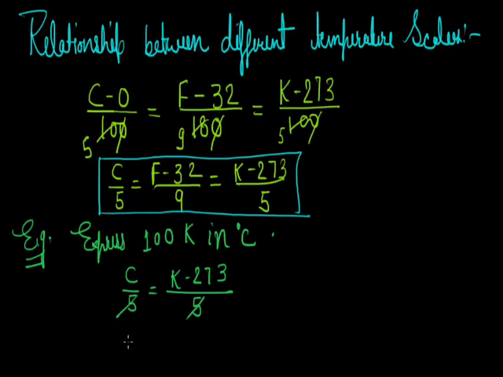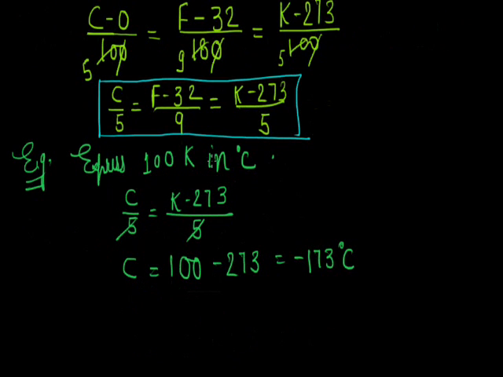C we have to calculate. K is given as 100, minus 273, which is minus 173 degree centigrade. So by using this equation we can convert any unknown temperature from one temperature scale to another scale.